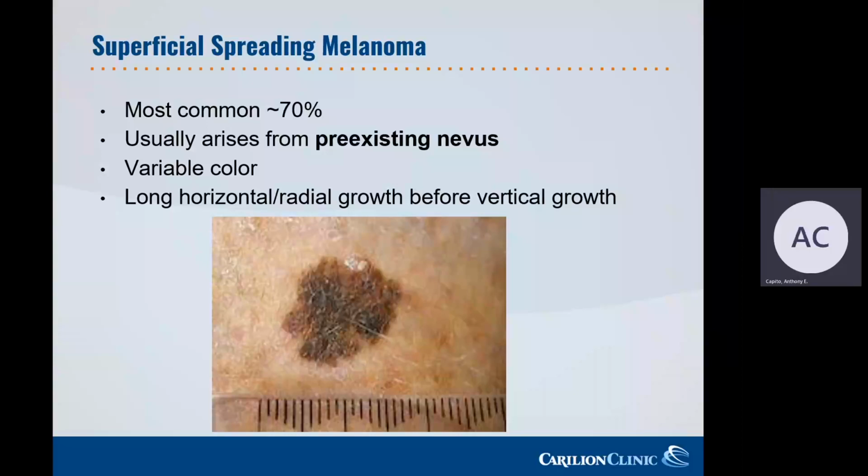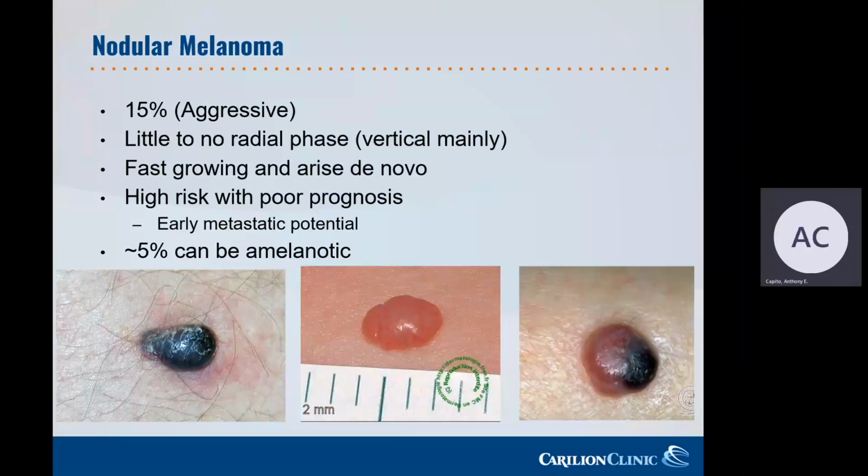Superficial spreading is the most common variant, most likely from a pre-existing nevus. They have variable color and asymmetry. They usually grow radially rather than vertically, so less risk of being very deep. Remember, for melanoma, as we'll talk about, the depth is the prognostic indicator for treatment and prognosis. Nodular means raised. These are more aggressive because they don't grow radially, they grow more vertically, so a higher chance of becoming deeper.